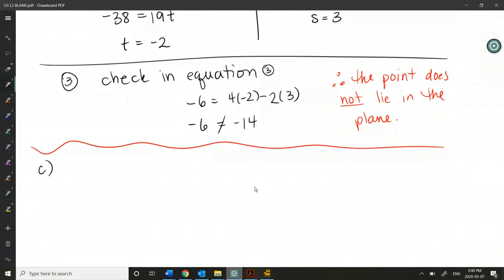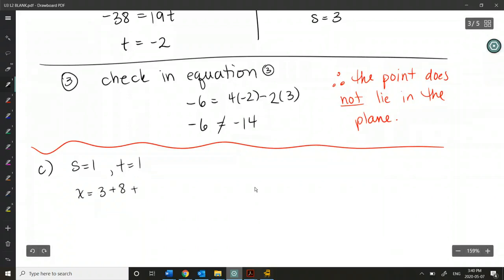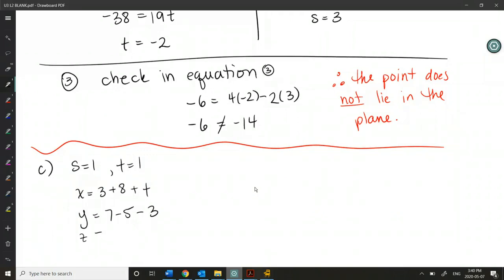So let's say, for instance, for the first point, maybe we'll choose s equals 1 and t equals 1. So in our parametric equations, that means x equals 3 plus 8 plus 1, just subbing those right in, and 5 minus 7 minus 3. And for z, 4 minus 2.